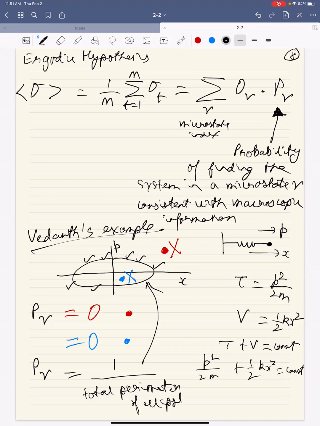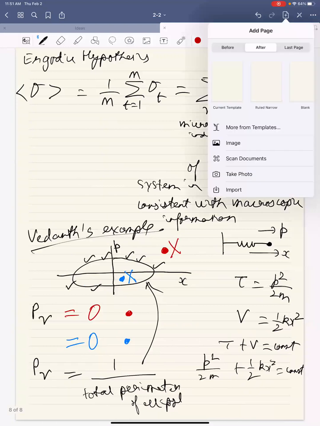So this is an example of how a microstate probability is calculated. Just to emphasize how important this is, I will write it down in words on the next page.